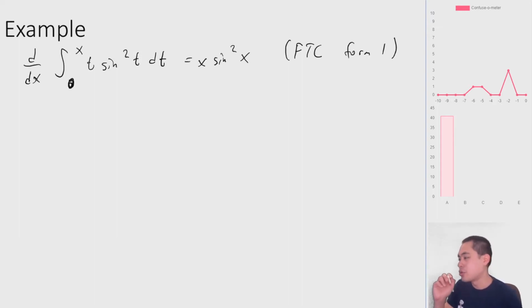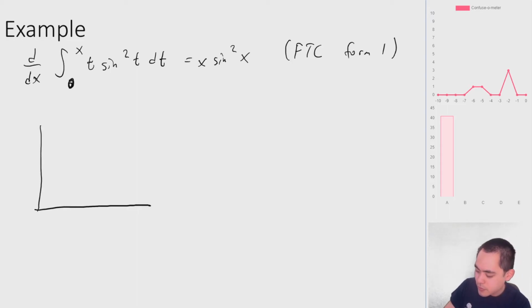So this is an important question. Why did you use both t and x? Let's talk about this a bit more. The reason we use t and x is because if we have some function, let's say here we have a t-axis, and some function f of t, which is t sine squared t.